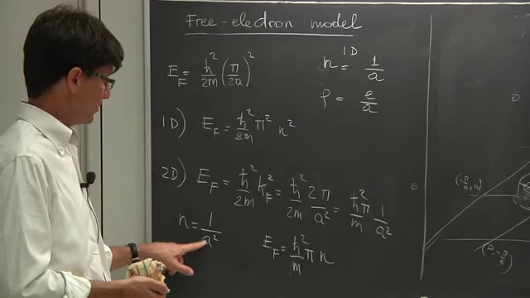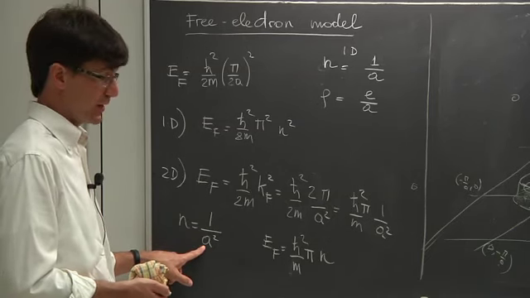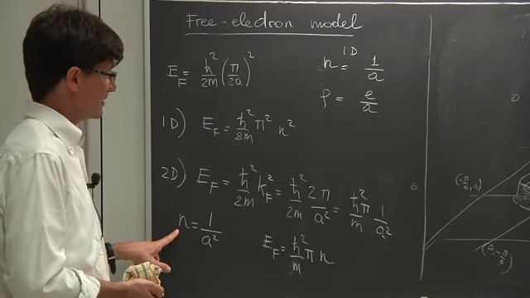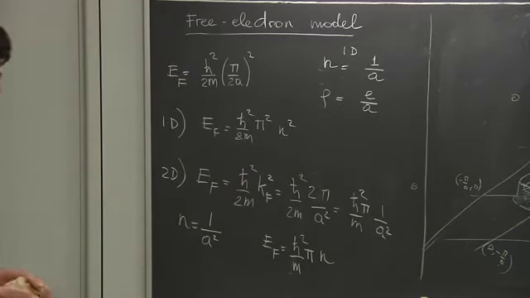And I have 1 electron in an area given by the unit cell, which is a squared. I'm using the number density, not the charge density. Charge density would be e over a squared. But here I'm using the number density, the number of electrons per cell. Okay, I think we can stop here.